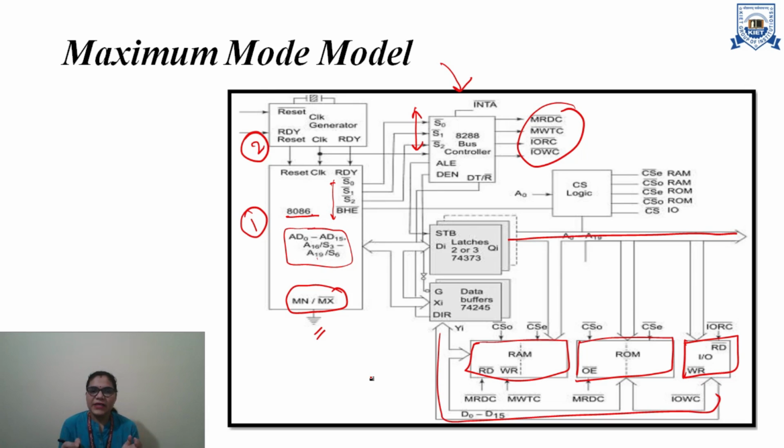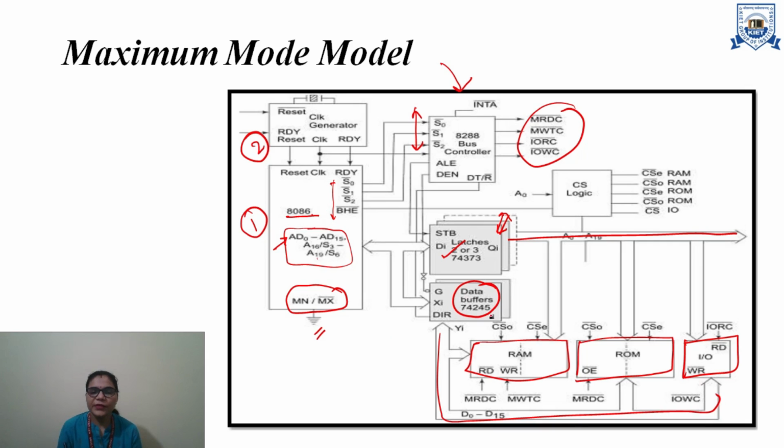We have seen that the 8086 microprocessor has multiplexed address and data buses, so a demultiplexing circuit must be there. We connect a latch with the address pins of the address buses so that the address can be latched, and we connect data buffers with the data buses.